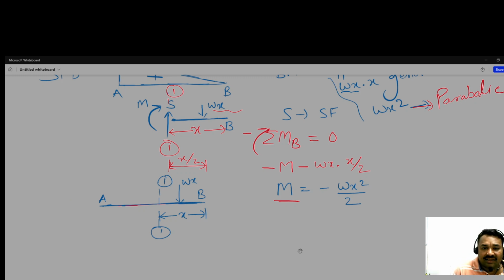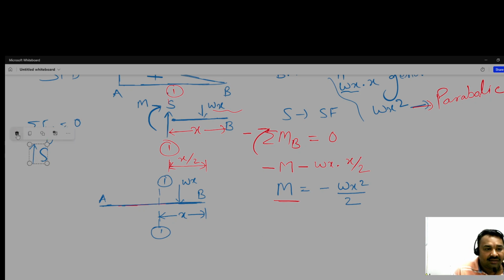So the shear force diagram, what do we get? If you see this figure, what is the shear force? We have to take Fy equal to 0. S is taken in the positive direction, but it is as per the sign convention, and we have to follow the sign convention.